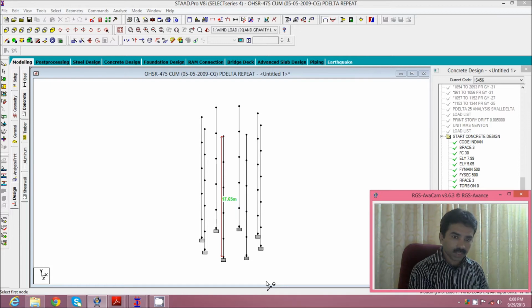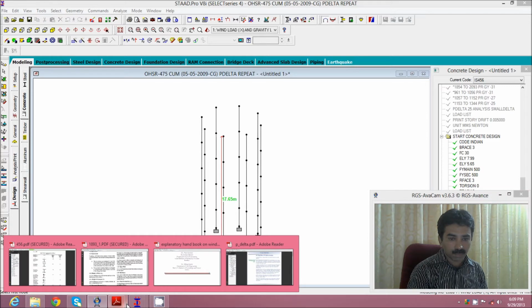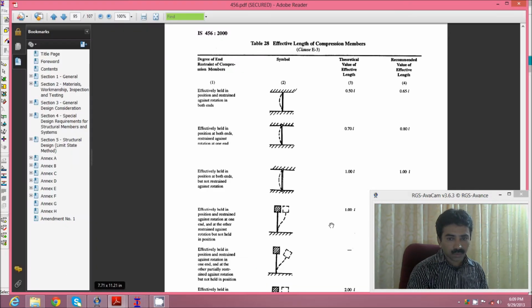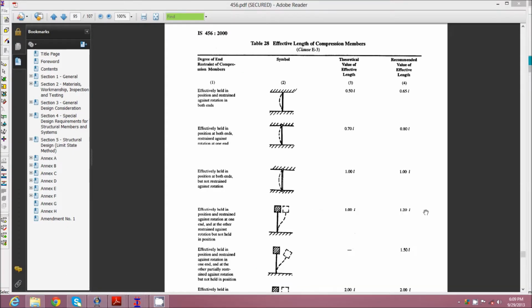So this is around 17.65 meters and effective length will be as per the codal provision. So we'll consider the effective length, say we'll take this aspect 1.2. I'll not go deeply about all these readings.